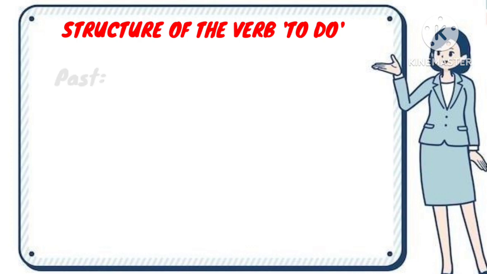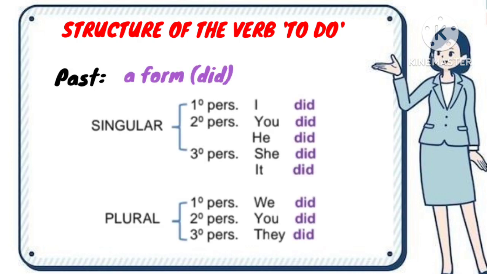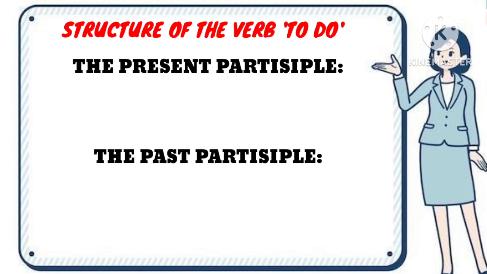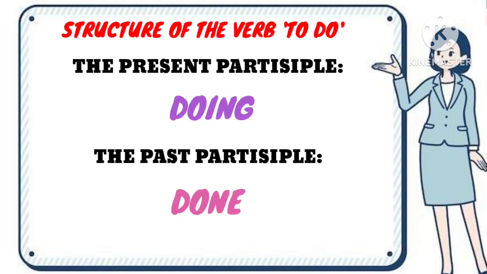The verb to do in the past tense has one form: did. I did, you did, he did, she did, it did, we did, you did, they did. The present participle of the verb to do is doing. The past participle of the verb to do is done.